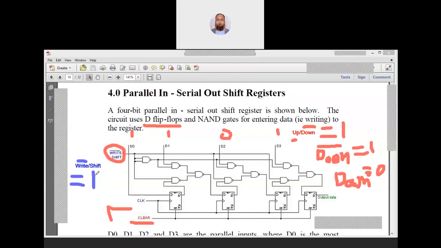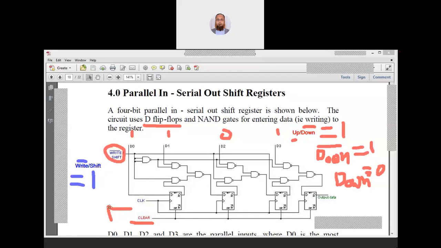Write operation means we are writing in the register, we are storing the data. If write bar equals 1, write becomes 0, which means we are not writing. To write, write bar must be 0.